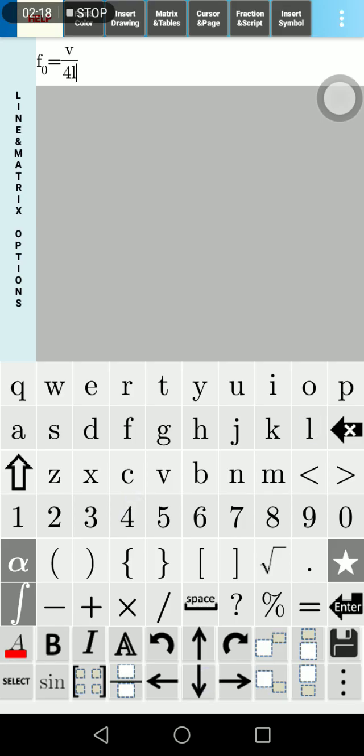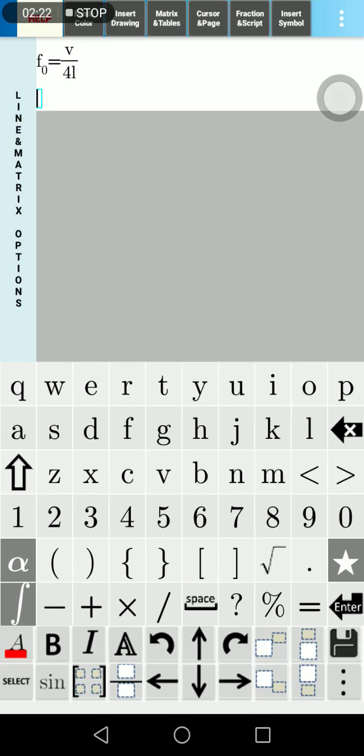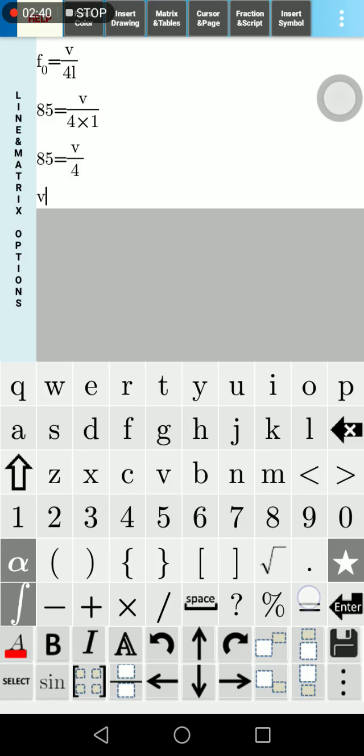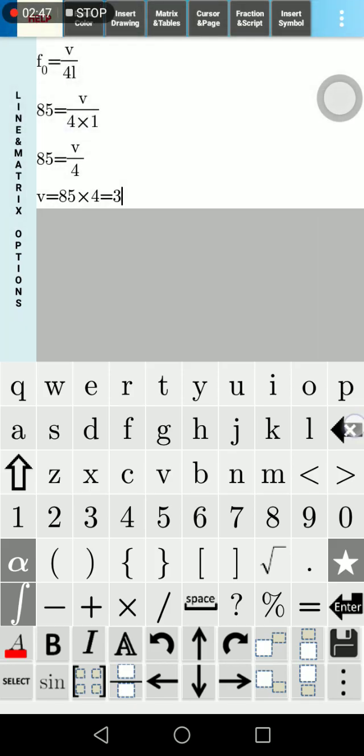They've given us F, 85 Hertz. So 85 equals V, which is what we're asked to get, over 4 times L. L is 1 meter from the question, so this is 85 equals V over 4. Cross multiply, V is equal to 85 times 4, which is 340. 340 meters per second is the answer.